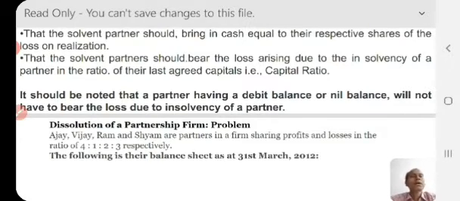So if a partner is insolvent and another partner also has a debit balance, that is, if such a partner's capital account is shown at the assets side, that partner need not bear the loss of insolvency. Only the partners who have credit balances are to bear the amount of loss due to insolvency of a partner.